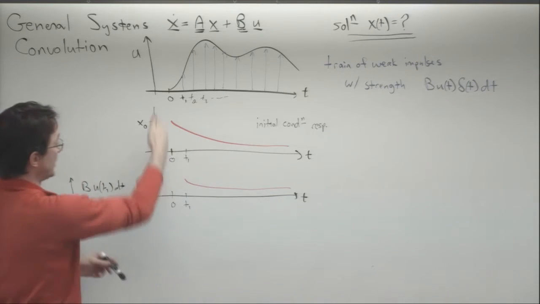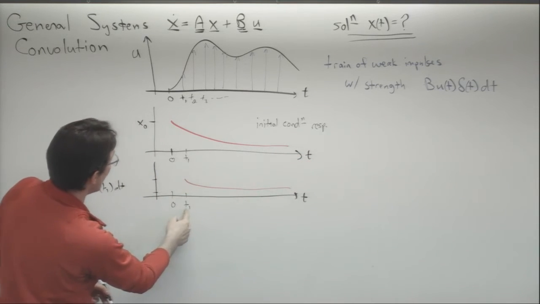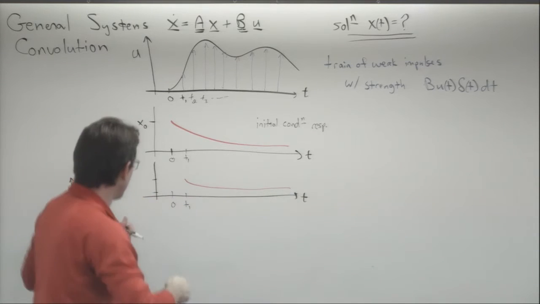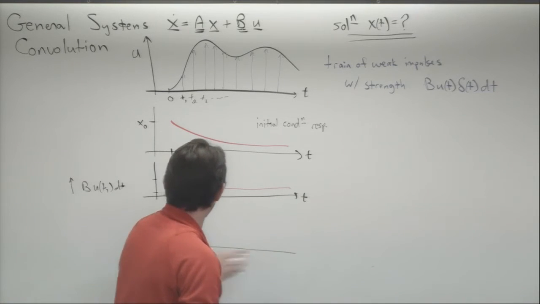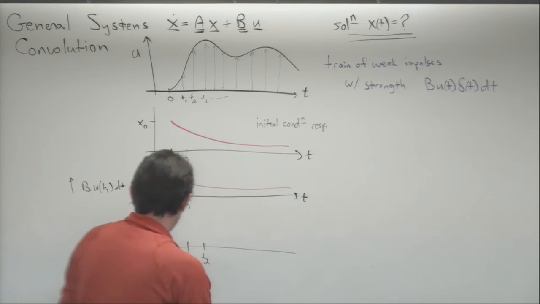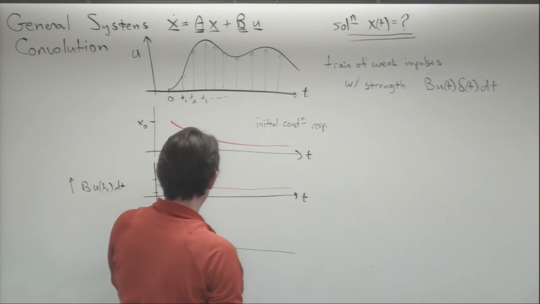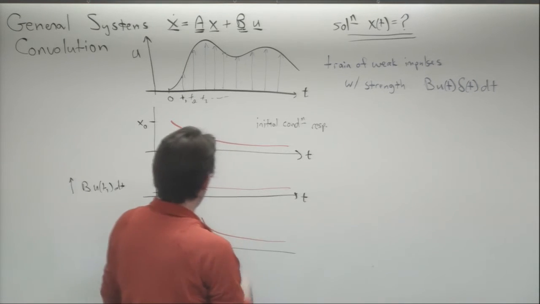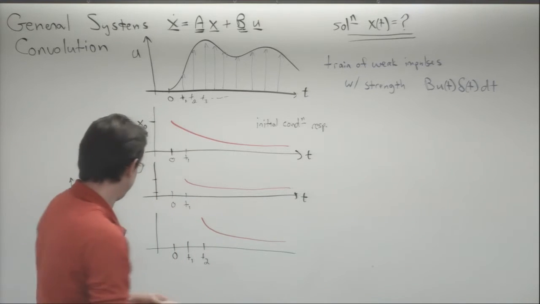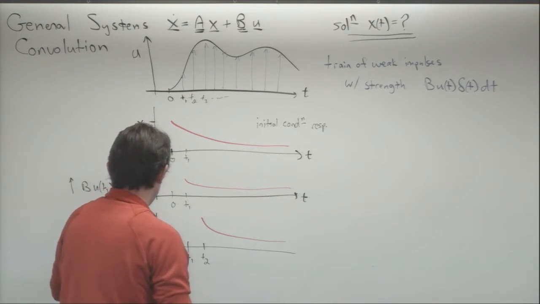Okay, so I had my initial condition at time 0, it just decays. And then at T1, I get this little infinitesimal impulse in U that gives me a response. At T2, I get another little infinitesimal response. This one looks a little bit bigger. And at T3 and T4 and T5 and so on for all of time. So plus, plus, dot, dot, dot forever.